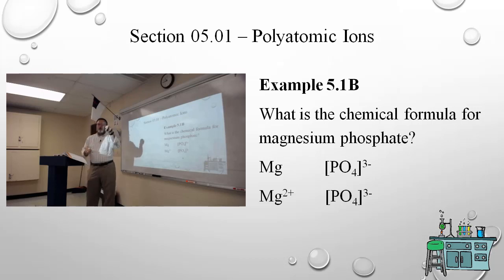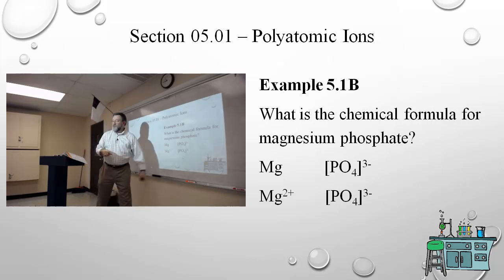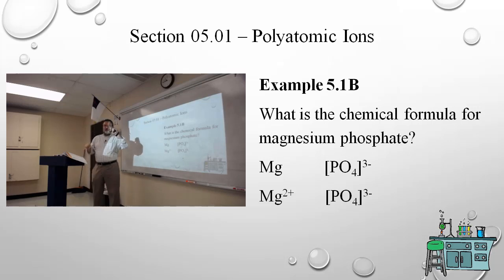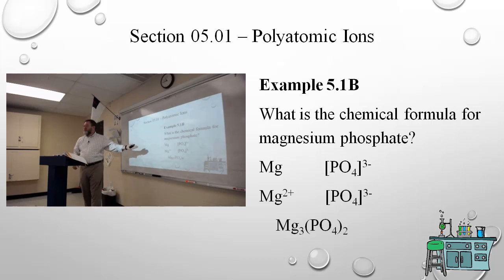Rather than having one block and one block, I now have one block and another structure that already has 5 blocks in it: 1 phosphorus and 4 oxygens. They're all stuck together. So rather than bringing one Lego and one Lego to form a molecule, I've got 1 Lego and 5 Legos that are already stuck together, coming together. And they come together in this formula. Magnesium phosphate.